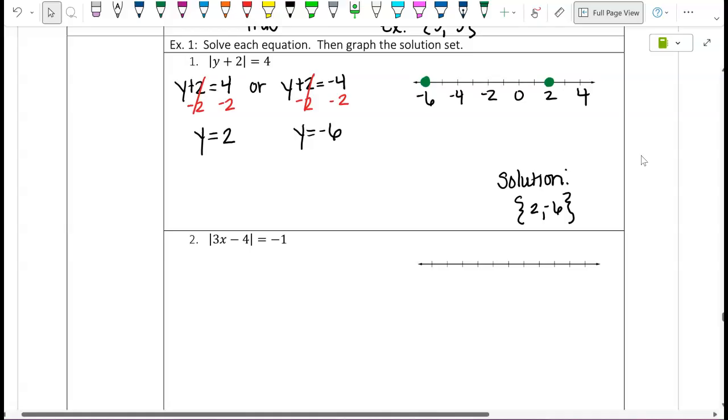All right, number 2 says the absolute value of 3x minus 4 equals negative 1. What do you notice as a difference between the problem we solved in number 1 and what they're asking me to solve in number 2? What difference do we see?